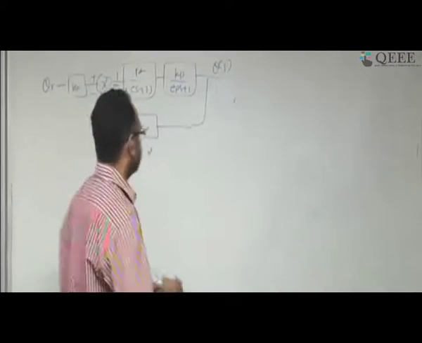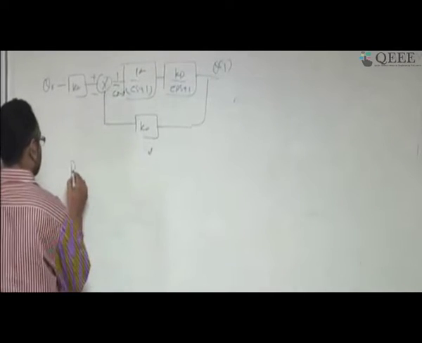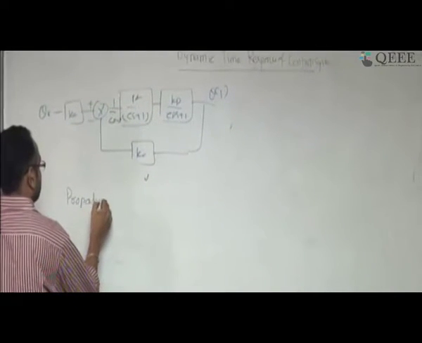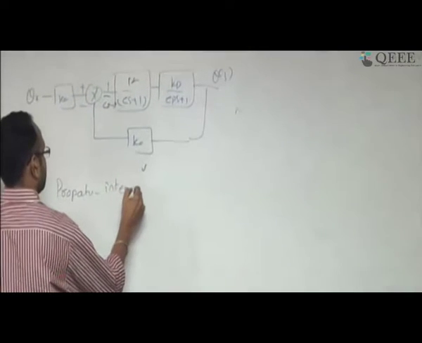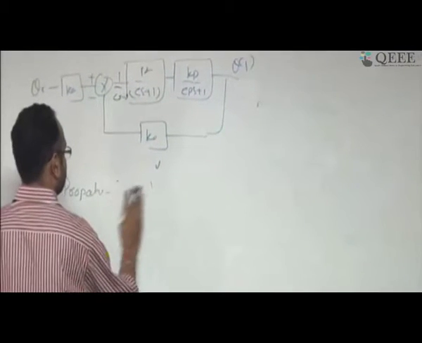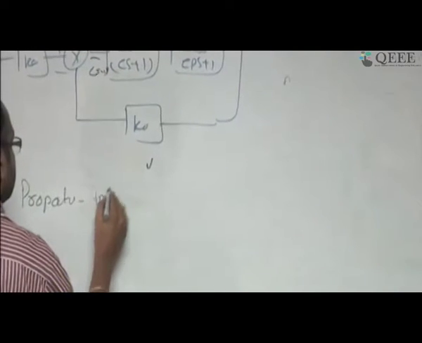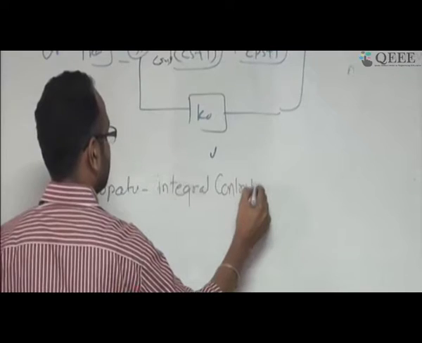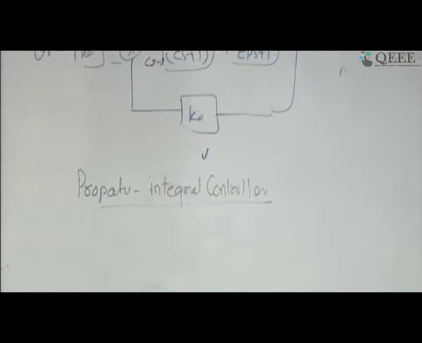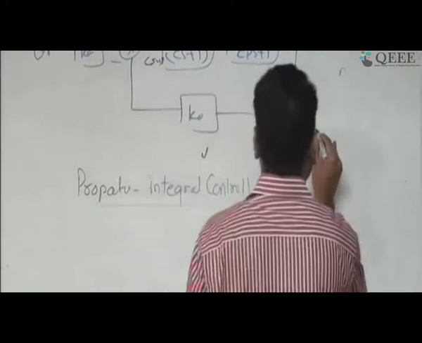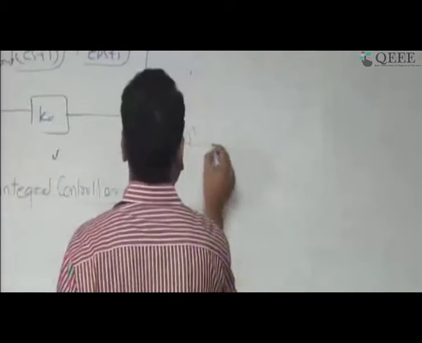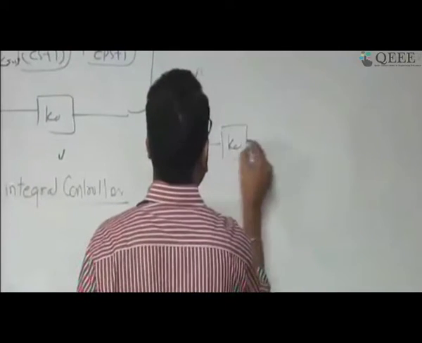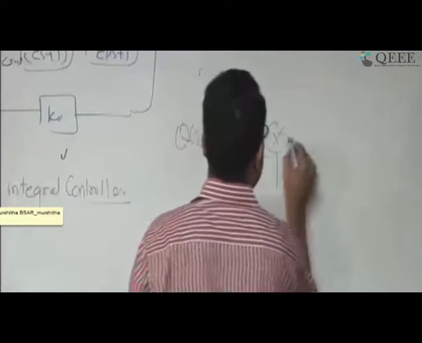I will take another case, the proportional plus integral controller. In that case, let me consider the same scenario. This theta of s is here, I have added k0, and this is my plus minus part.